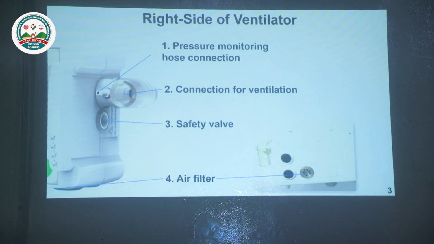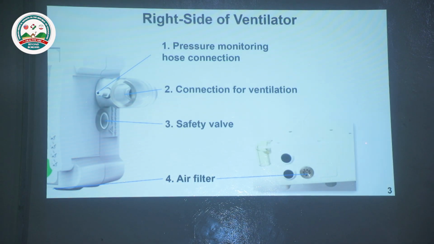Below the inspiratory connection is the safety valve. This valve is just used for safety. If the pressure inside the ventilator is too high, this valve will open to release the pressure. And below the ventilator is an air filter.